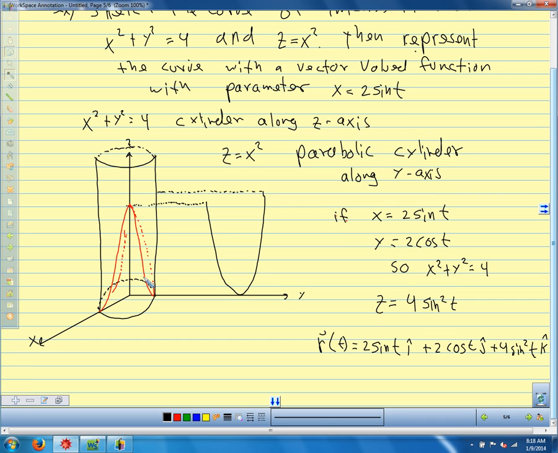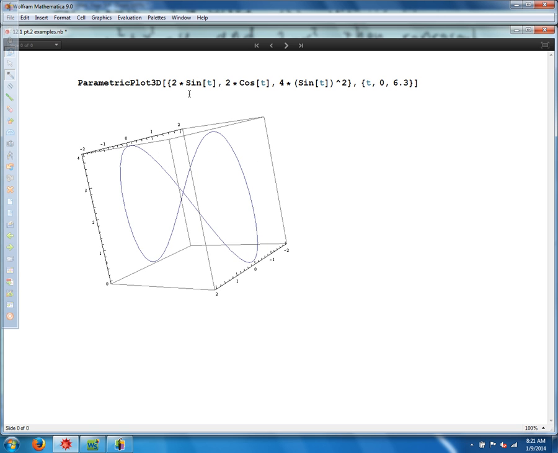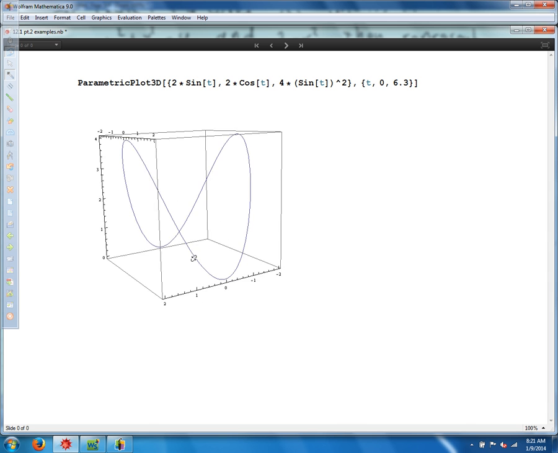That one's not too hard, and they gave us the parameters, so that made it easy. So let's take a look at a sketch of just the curve, without all this surface stuff in the way. So there's our curve. And that's our vector valued function, 2 sine t i, 2 cosine t j, 4 sine squared t k. And there's our curve.